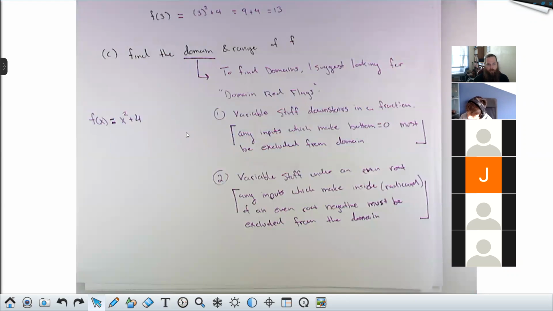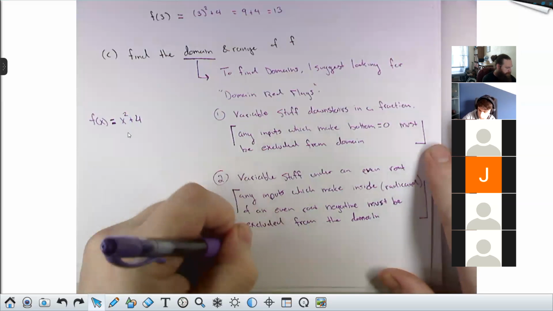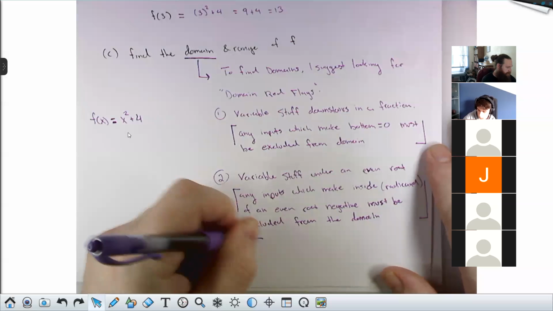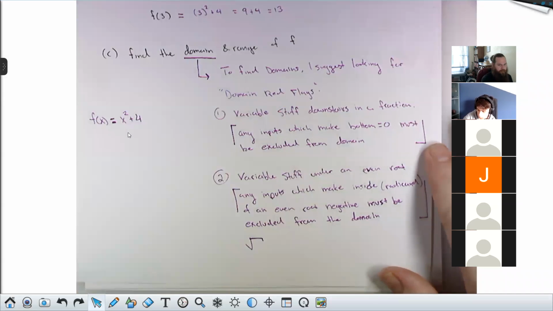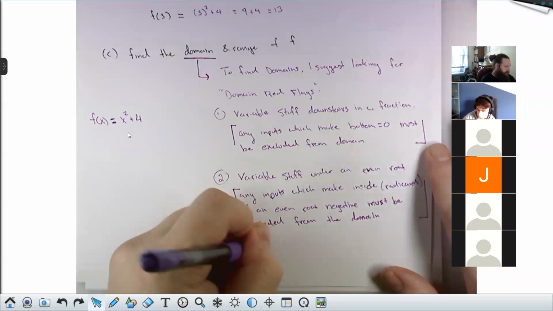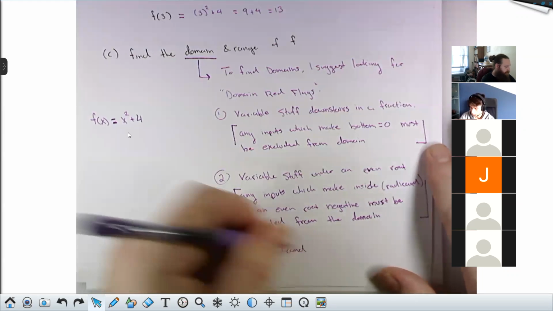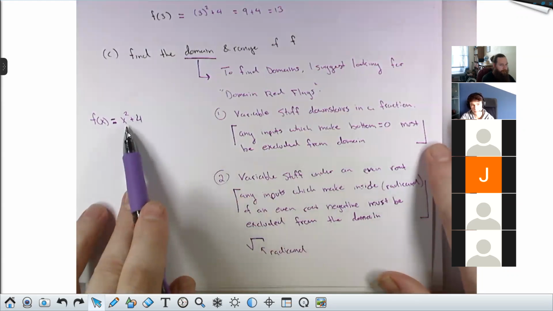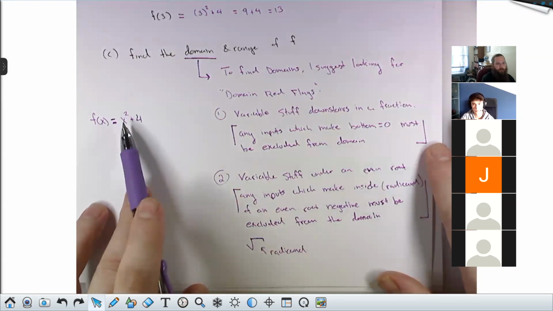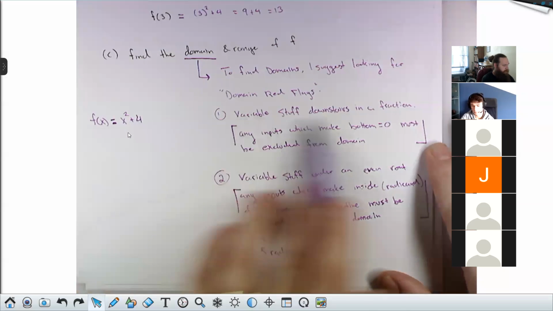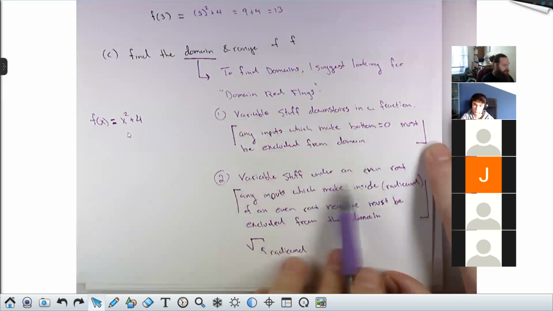Do we have any roots at all? A square, but that's it. So let's be clear. This is a square, not a square root, right? The square root would be like this. And the piece that's under here, that's the thing called the radicand. So here we've got a square, but no square roots. So we don't have any red flags of the first type, and we don't have any red flags of the second type.